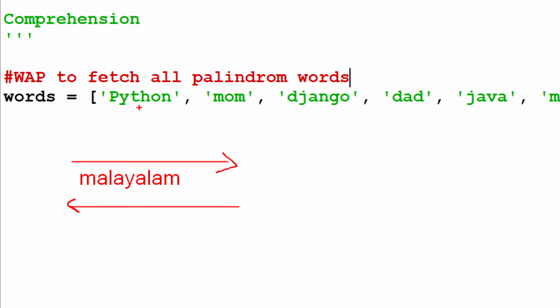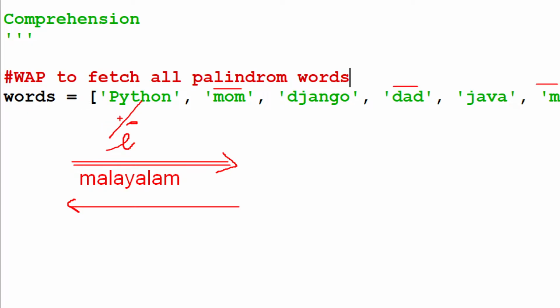First time, I value is Python. Next time, I value is Mom. Mom, M-O-M, is forward reading. Next, the value is Dad, D-A-D, forward reading.